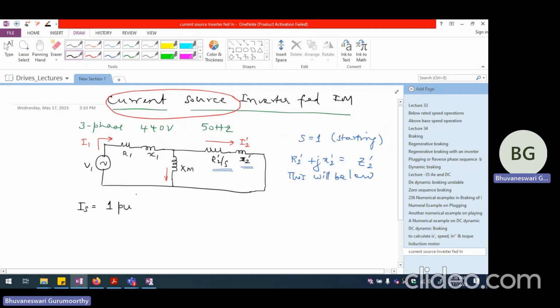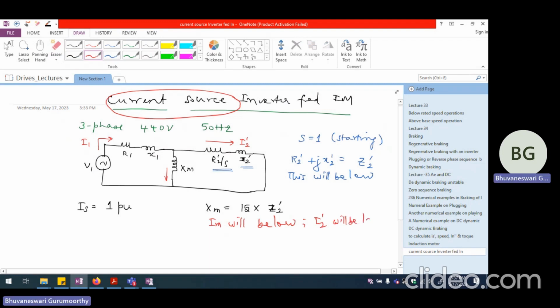If I am feeding this with 1 per unit current, and if XM is going to be maybe 10 times or even 15 times that of Z2 dash, in that case, the current flowing through XM, which is IM, is going to be really, really low. So IM will be low, whereas I2 dash will be large.